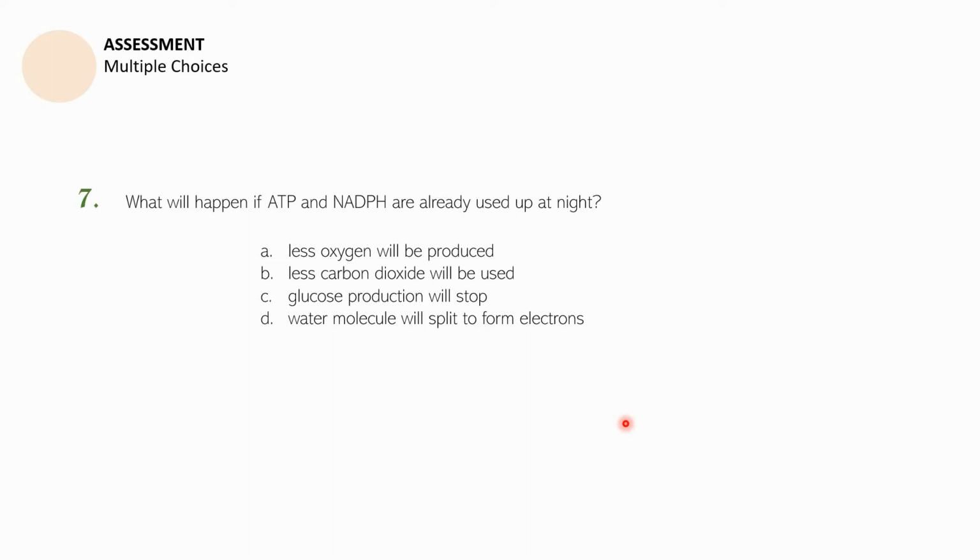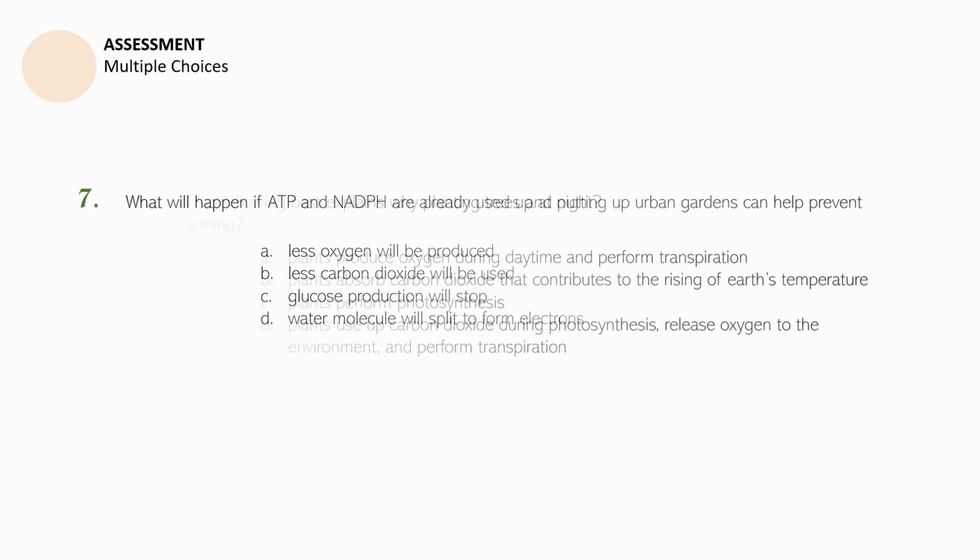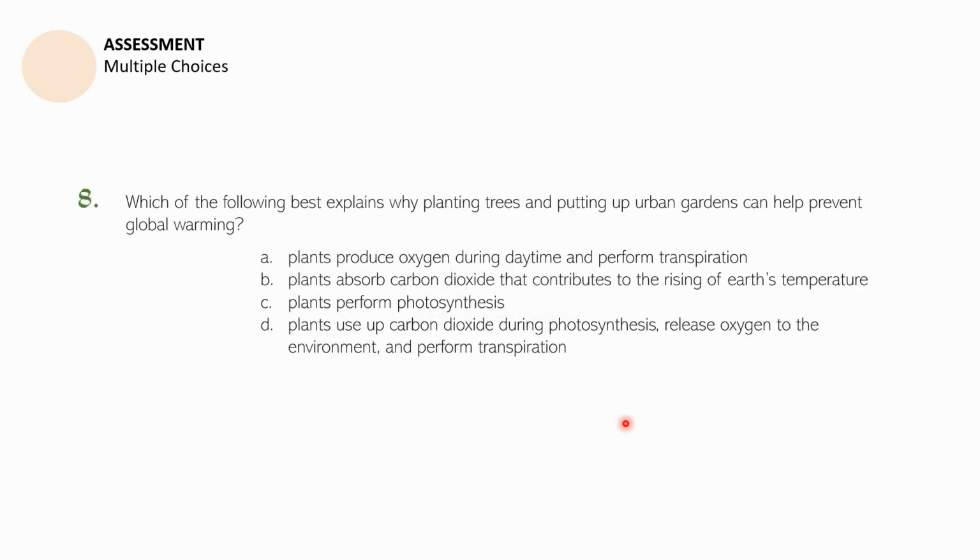You may pause this video if you need more time. If you have decided to continue, that means you are ready for question number 8. Which of the following best explains why planting trees and putting up urban gardens can help prevent global warming?